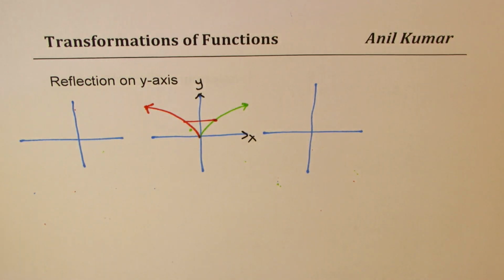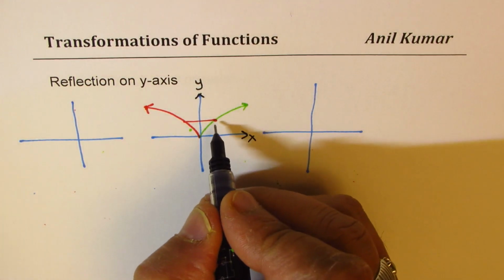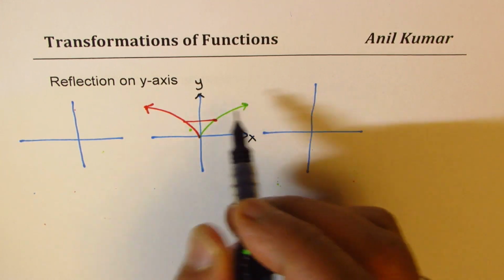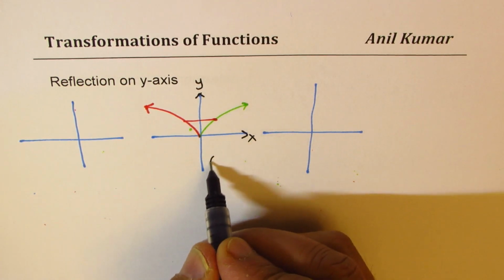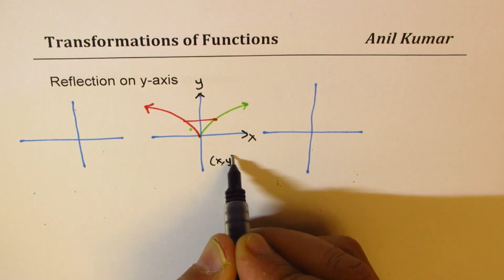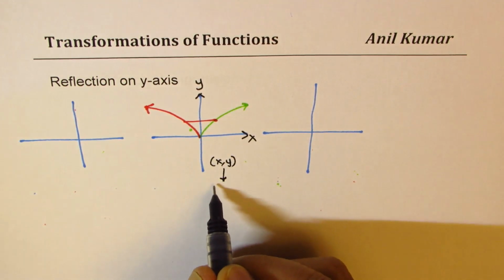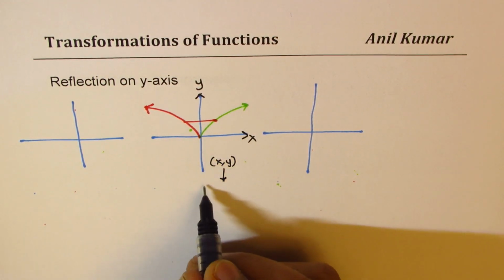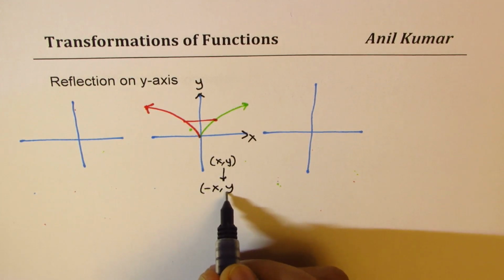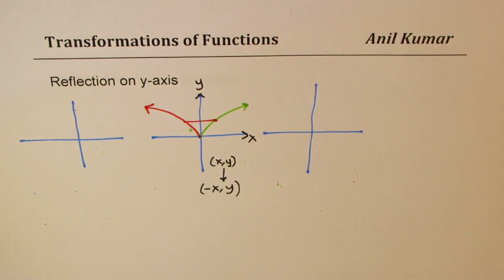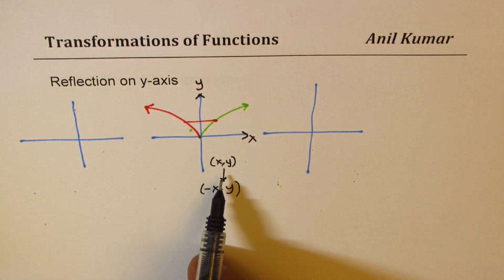Do you see that? So a point which is, let us say, (x, y) has been changed so that the x value becomes negative. Do you see that? (minus x, y). So that is the transformation which takes place, right?